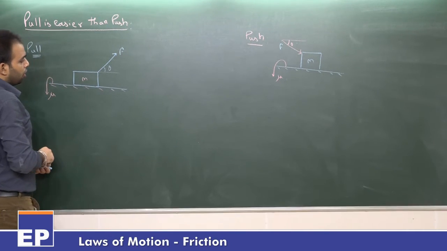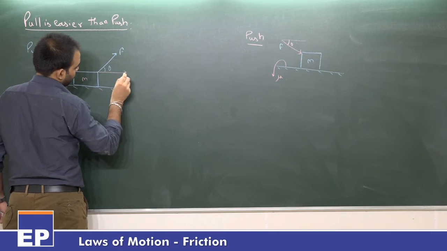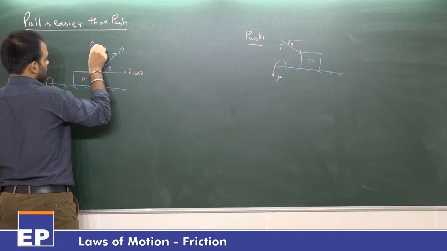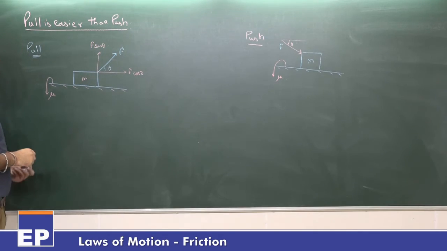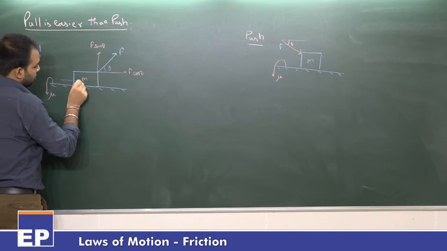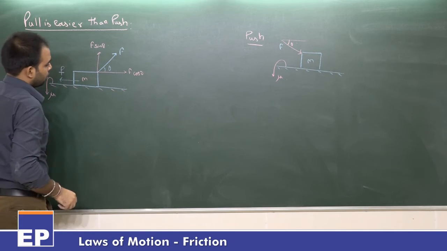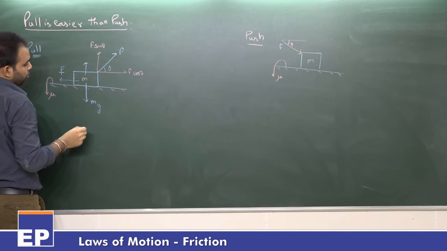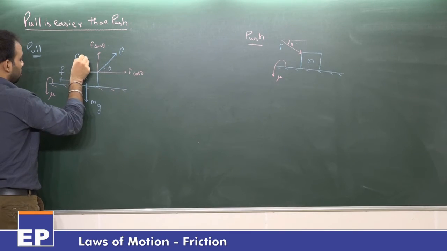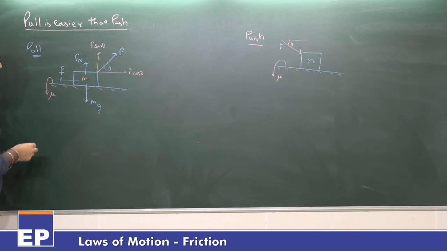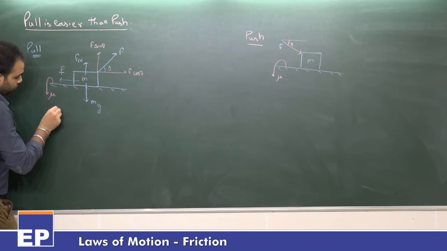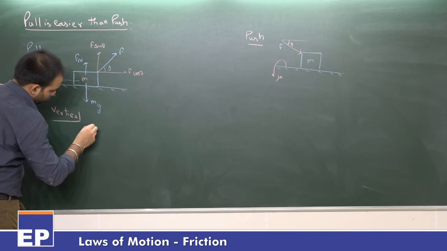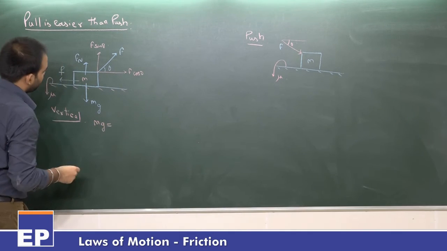If F is acting in this direction, there are two components of it. One is F cos theta, another one is F sin theta. It has a tendency to move in forward direction, so the friction will act in backward direction. Mg will act downward, and Fn will act upward. Just calculate the value of Fn first. From the vertical, what can I write? mg is equal to Fn plus F sin theta.